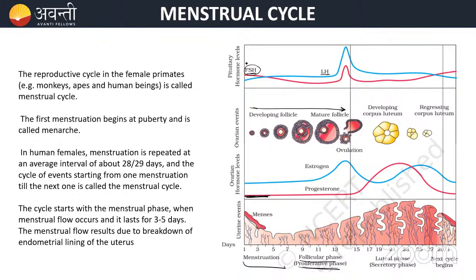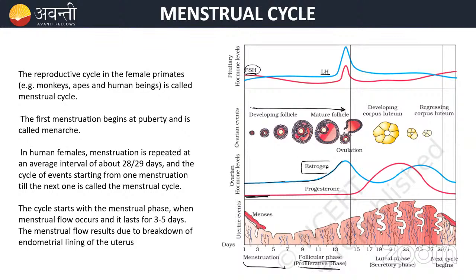Now, when the follicles start developing during this follicular phase, they also produce the estrogen hormone. You can see in the image that the level of estrogen is also increasing because these follicles start producing estrogen.